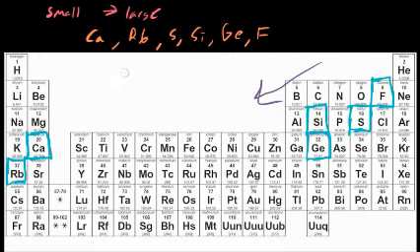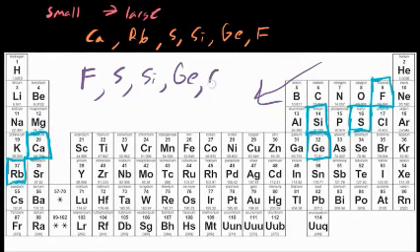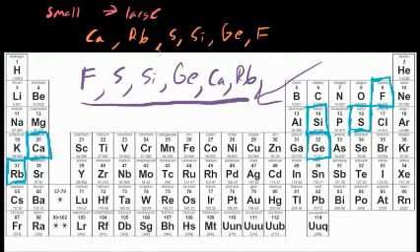The smallest element in this collection is going to be fluorine. The next smallest would be sulfur, then silicon, then germanium, then calcium, then rubidium. And this is the order of the elements from small to large.